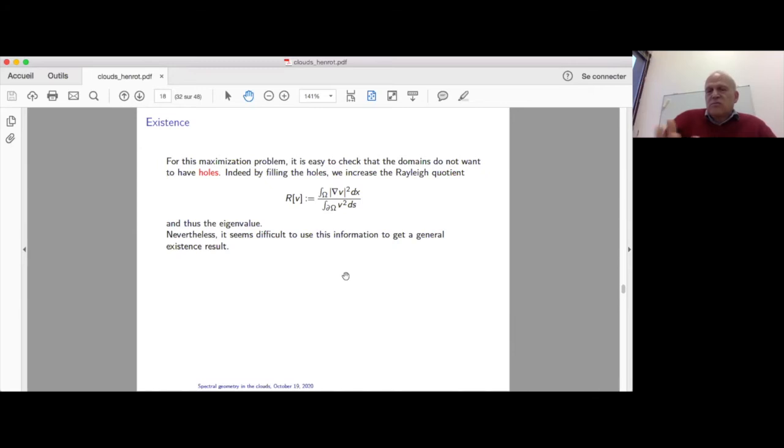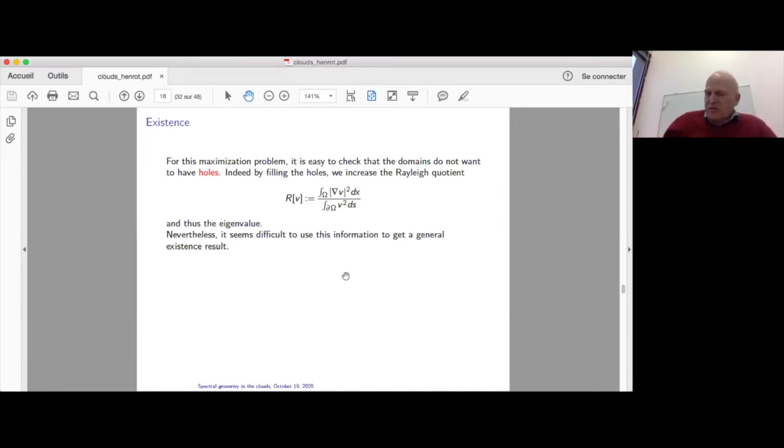It's easy to see that doing that, you will increase the Rayleigh quotient, because you will both increase the numerator and decrease the denominator. So in some sense, we have for free in 2D that we can work in the class of simply connected domains, because otherwise it's not good to have holes.